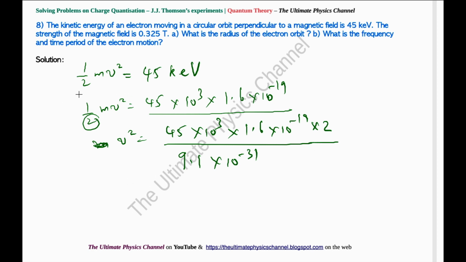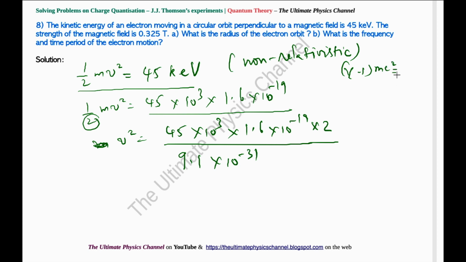Now I've used a non-relativistic calculation. Please remember this. A relativistic calculation will yield a slightly different result. We have done it in several problems already, where I will take gamma minus 1 times mc squared as the kinetic energy, equate that to the value that is given, and then get the velocity from the gamma factor.